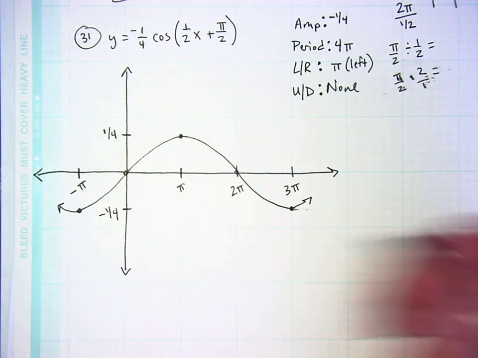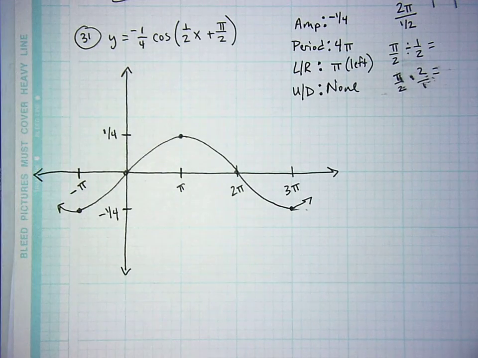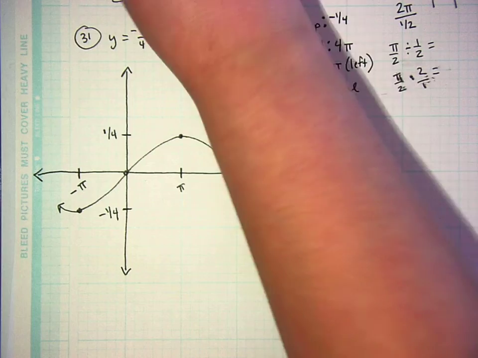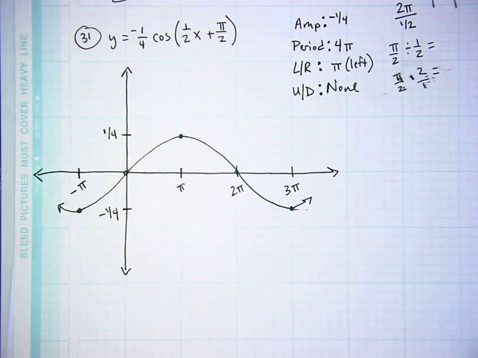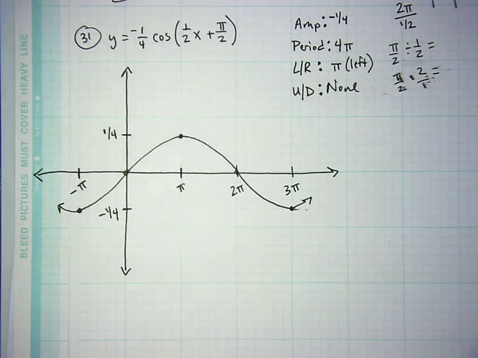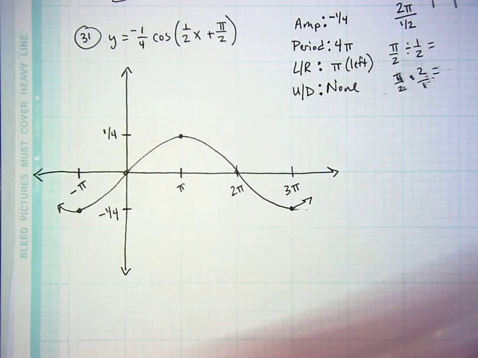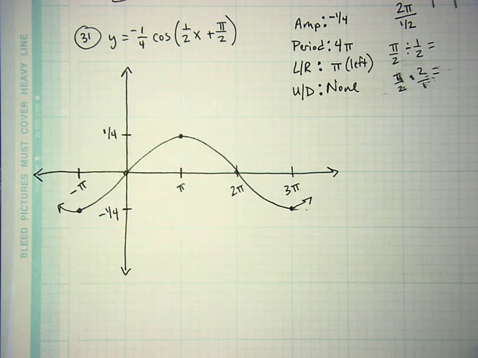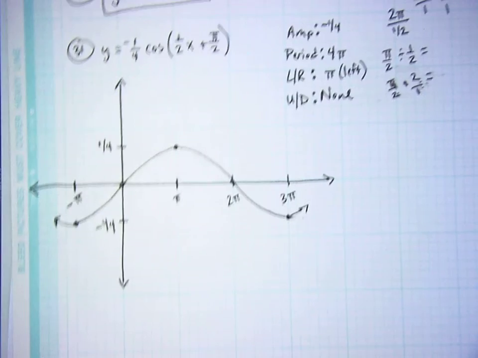All right, I said we were going to do number 35. Did I mess up? No, I'm just looking at it. All right, so now we're going to try 35.